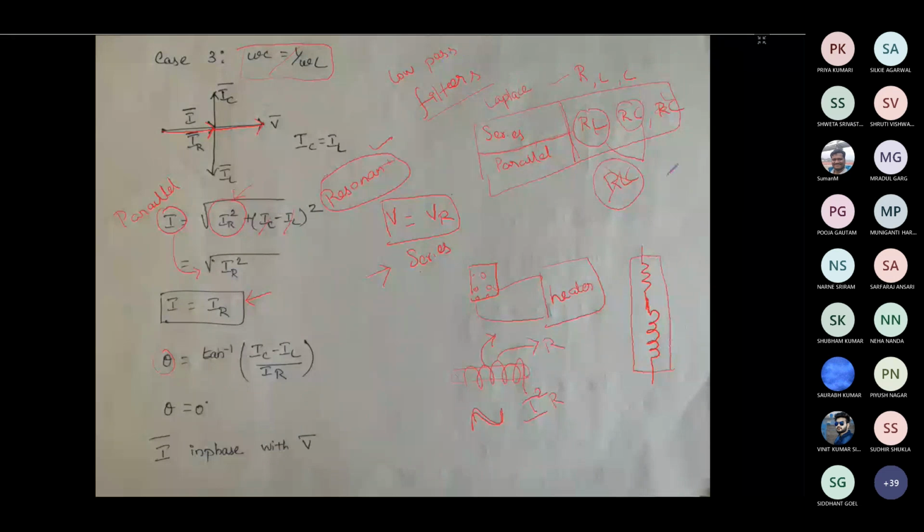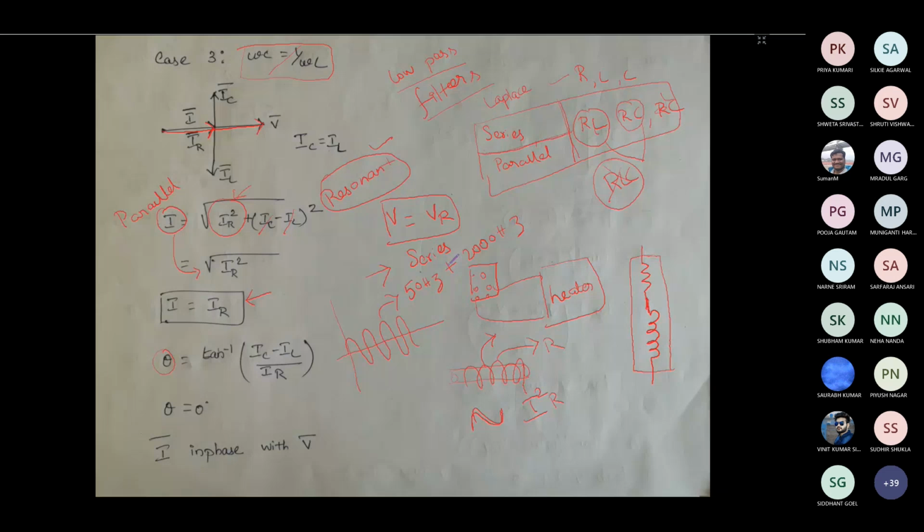Each circuit can operate as a low pass or high pass filter. Do you know what a low pass filter is? Allows lower frequency. Suppose you have a sinusoidal signal containing 50 hertz plus 2000 hertz components.